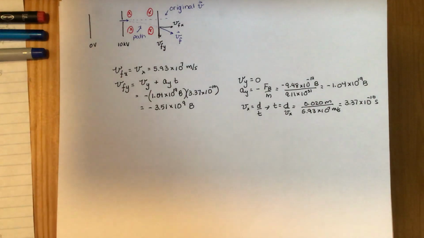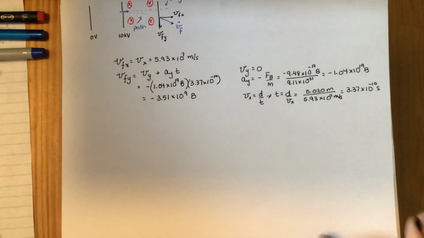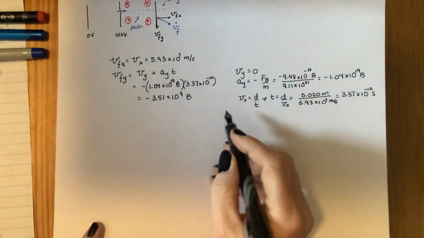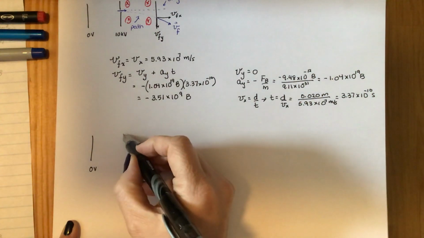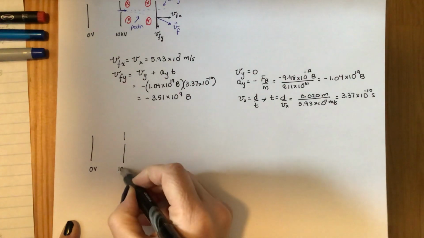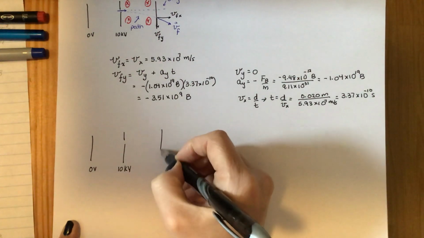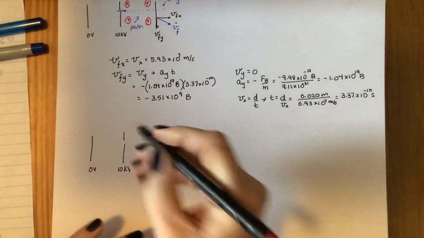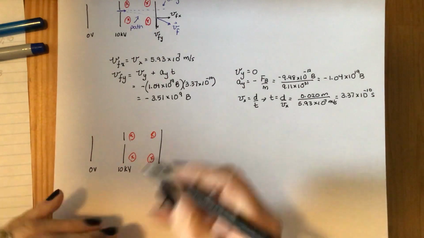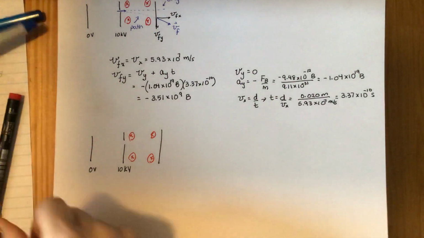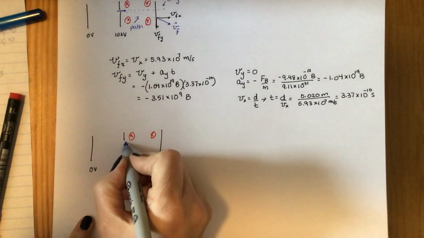Let's finish by putting our angle given into the picture. So there was our 0-volt plate, our 10 kilovolt plate, the magnetic field that pointed into the page, the original line of our velocity looks like this.